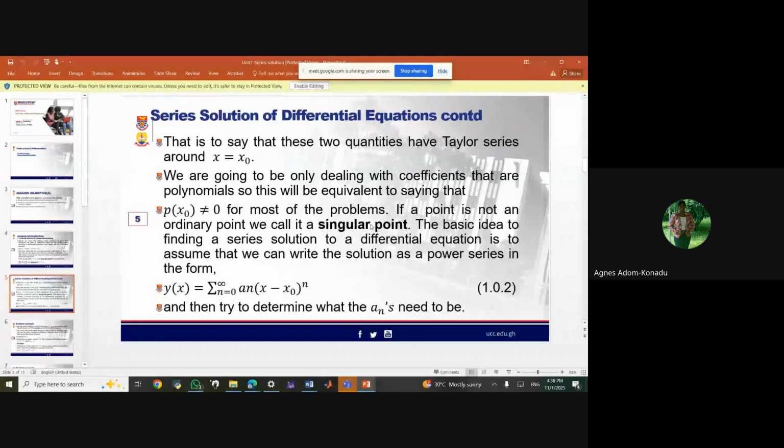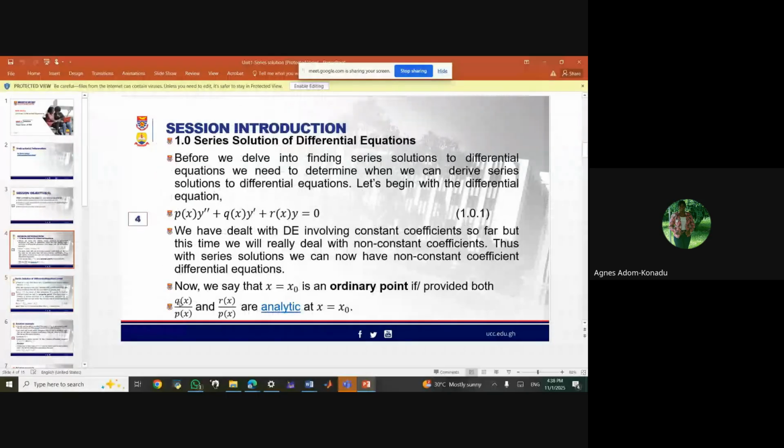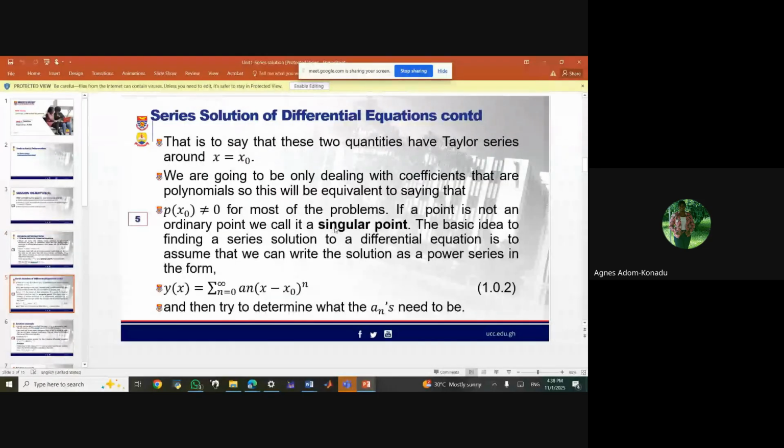And if it is an ordinary point, then Q over P and R over P should be analytic.